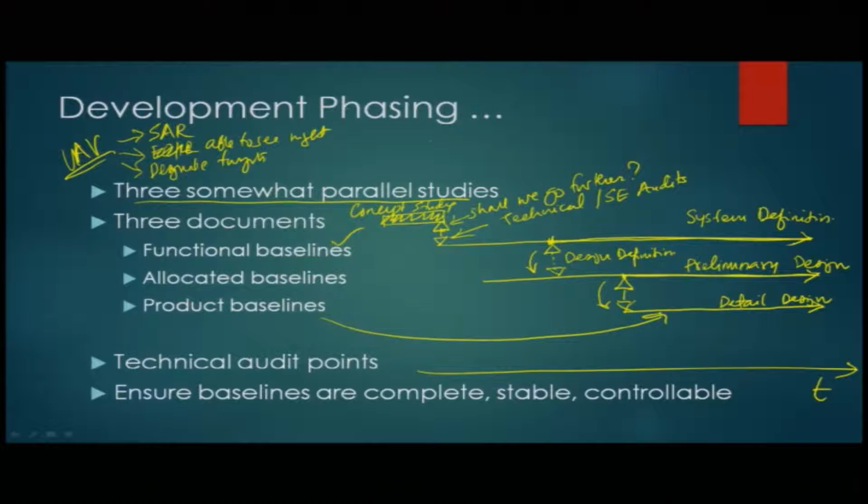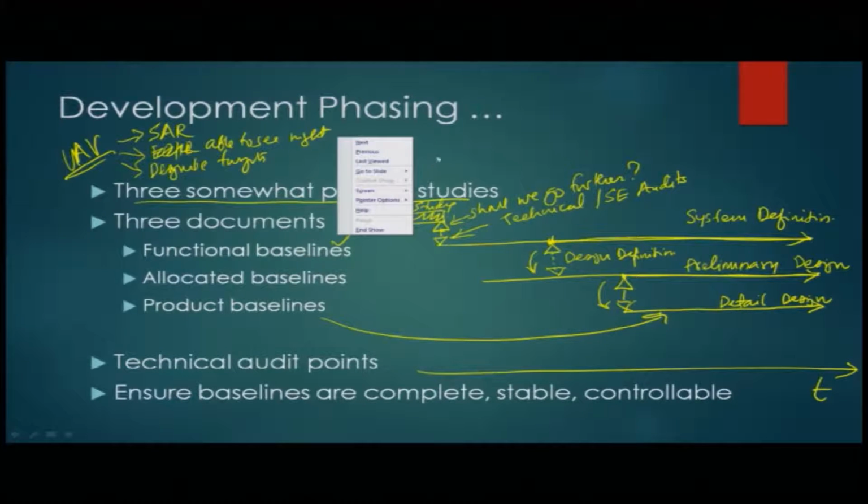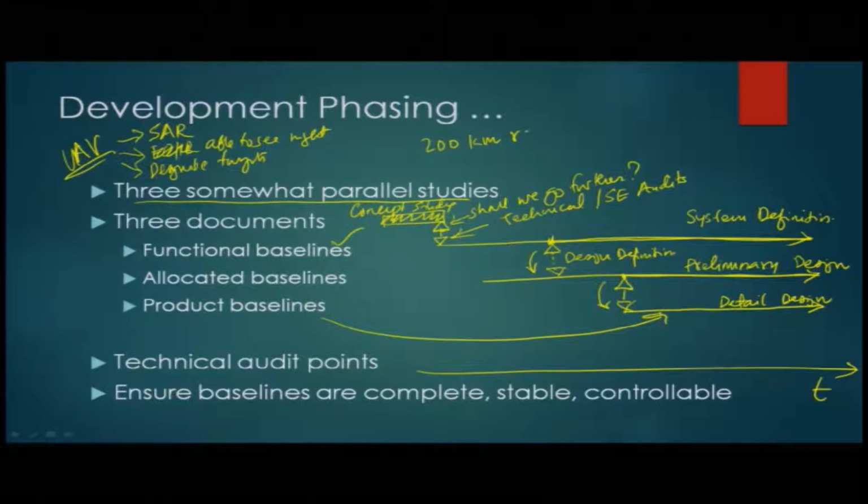The system definition of the UAV will be, okay, it should be capable of flying 200 kilometers range, about 10-hour endurance. Let me repeat this.